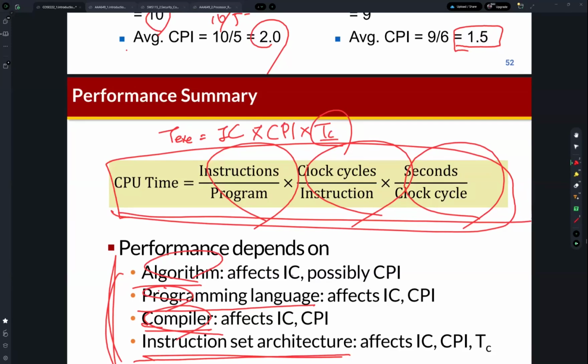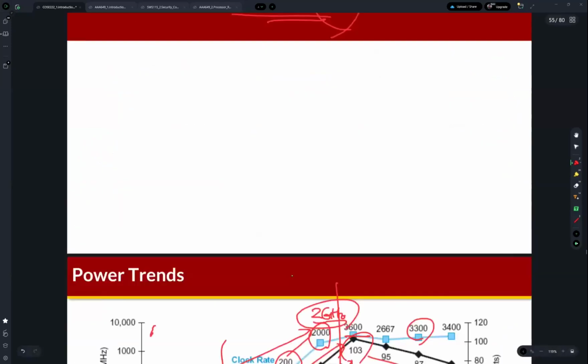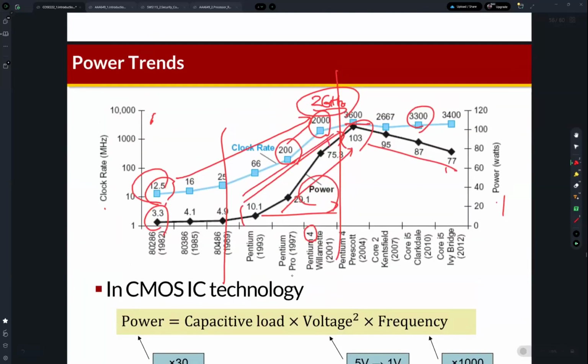In order to reduce the execution time, one of our approaches is to reduce the clock period. It means increasing the clock rate or clock frequency, right? So in this period, we can increase the performance of a CPU by increasing clock frequency.